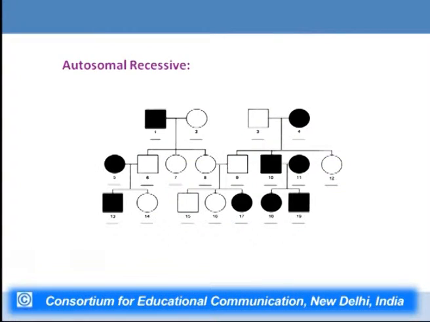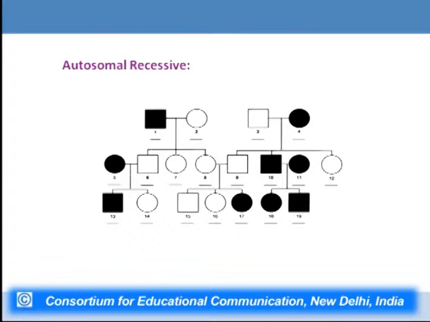Now, if we look at this pedigree chart of autosomal recessive inheritance, we again see shaded and unshaded squares and circles. Each generation has been numbered, and we see a particular pattern in the second generation. Individuals 8 and 9, 8 a female and 9 a male, do not show this condition.